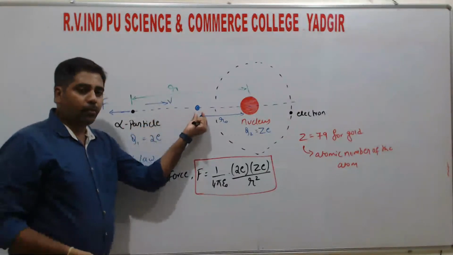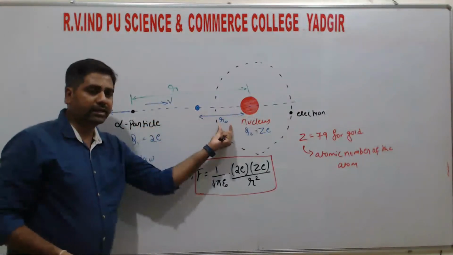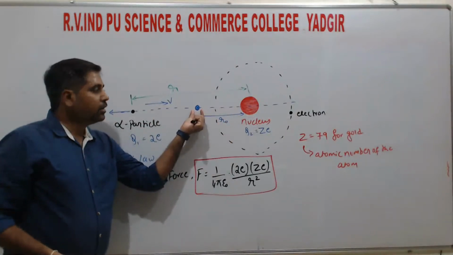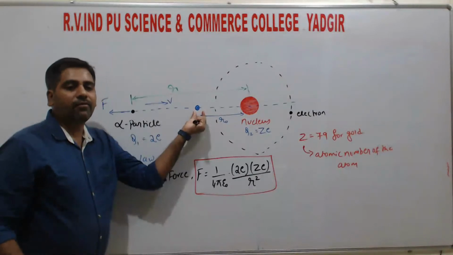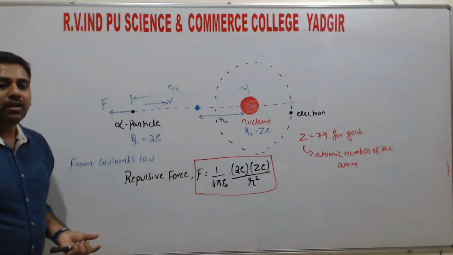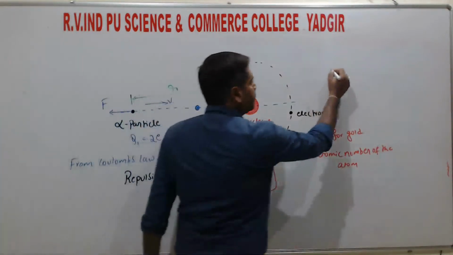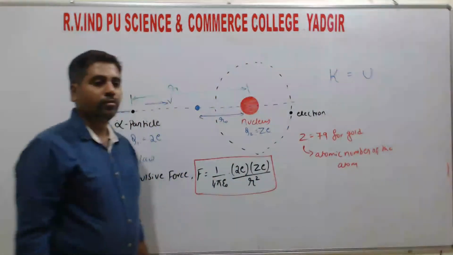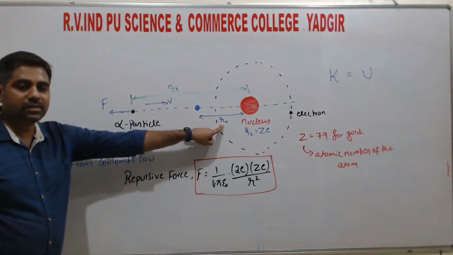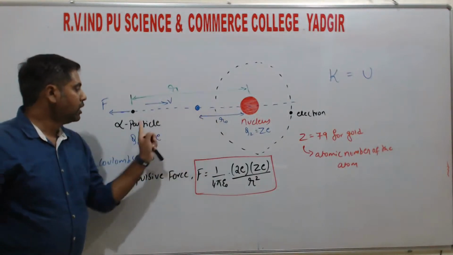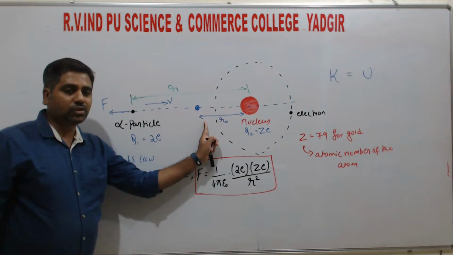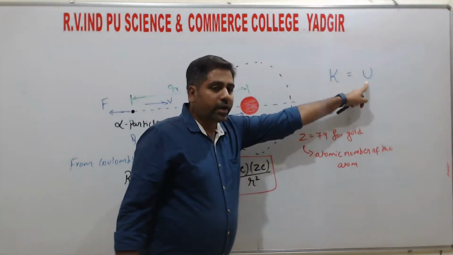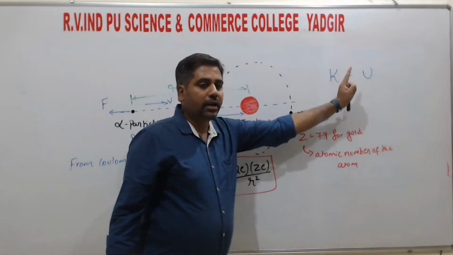So for a particular position from the nucleus, here the entire kinetic energy is converted into its potential energy. That is, K is equal to U for a distance R naught. If the alpha particle is at a distance R naught, then its kinetic energy is almost converted into its potential energy.